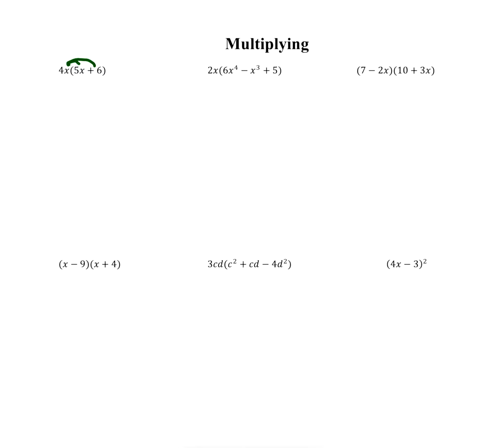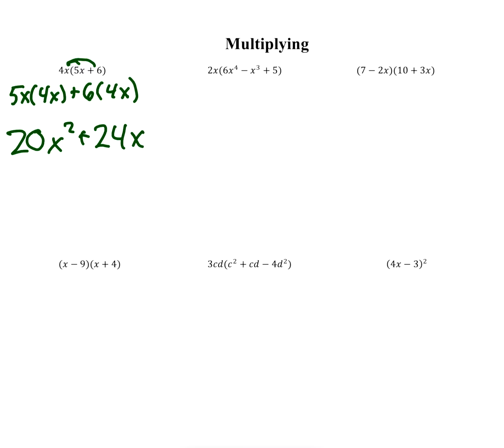So it would look like this: 5x times 4x plus 6 also times 4x. Make sure it's getting multiplied to everything inside the parentheses, which would give us 5 times 4, which is 20. x times x is x squared, plus 24x.